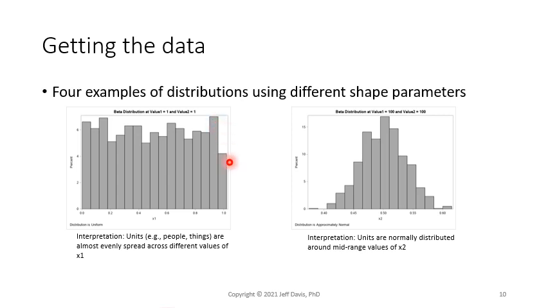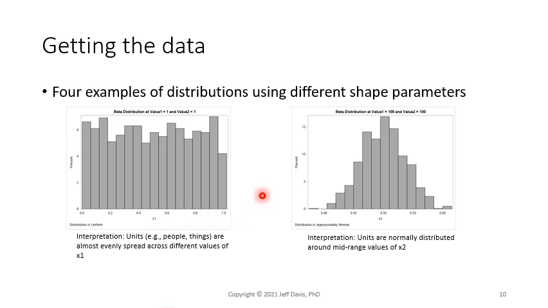So in this case, whatever our unit of analysis is, people or things, those people or those things are spread pretty evenly, not perfectly even, but pretty evenly across all values.